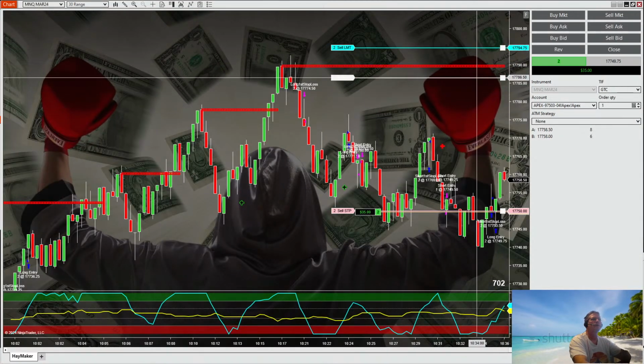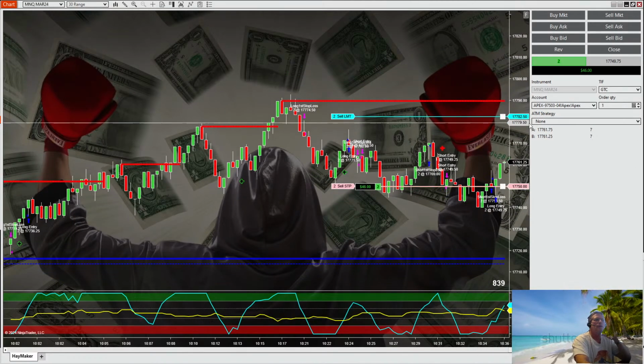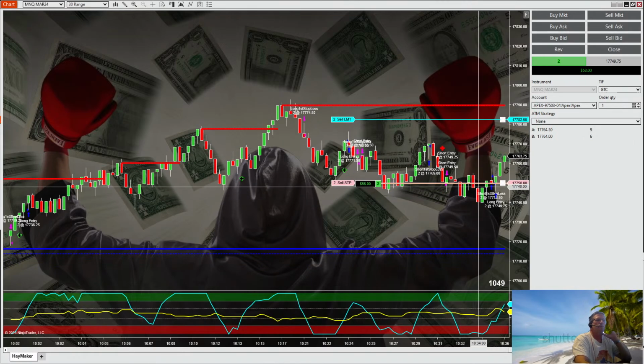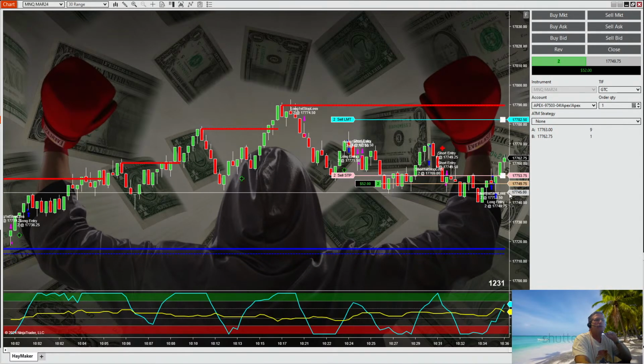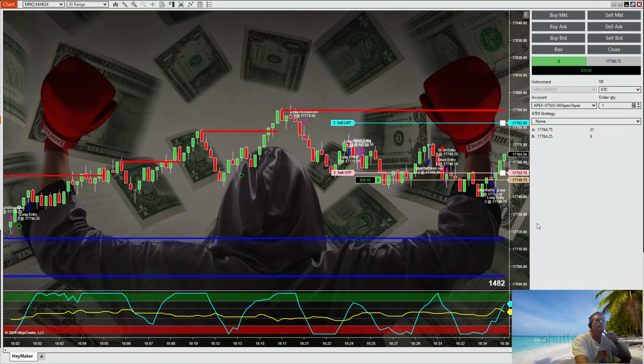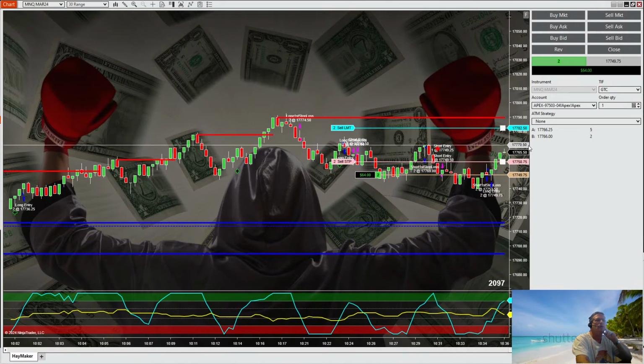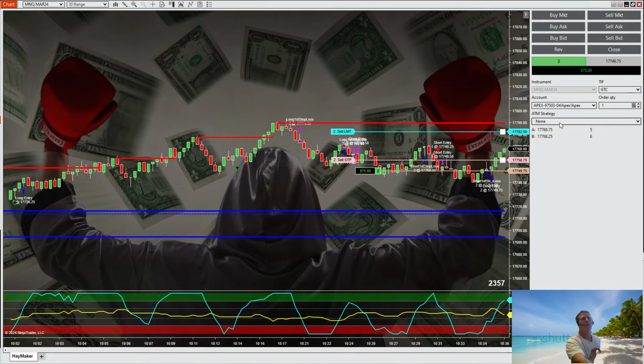See this here. I'm going to come down some. Order filled. That's that retracement I've been looking for. Come on now. That's the one. Order filled. That's the retracement we were waiting on.